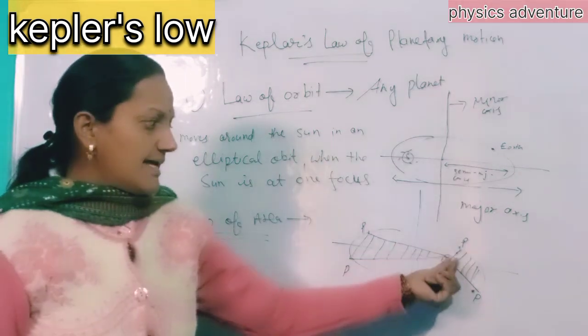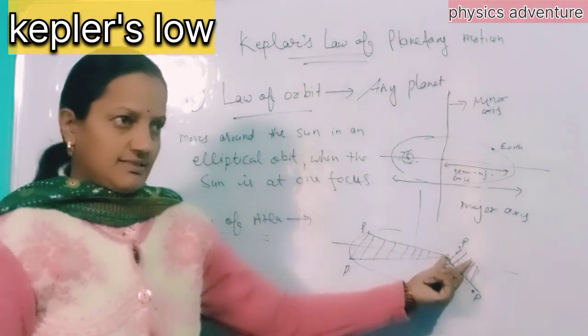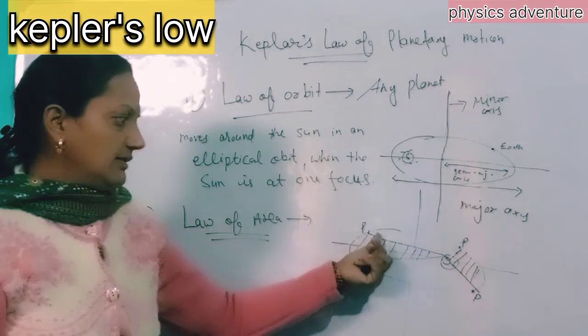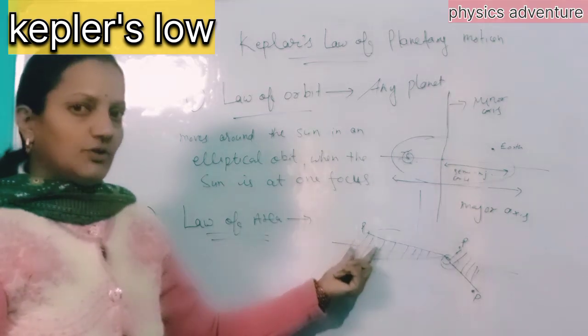Because if the planet is close to the sun, its speed will be very fast, and when it moves far away, its speed will be low.